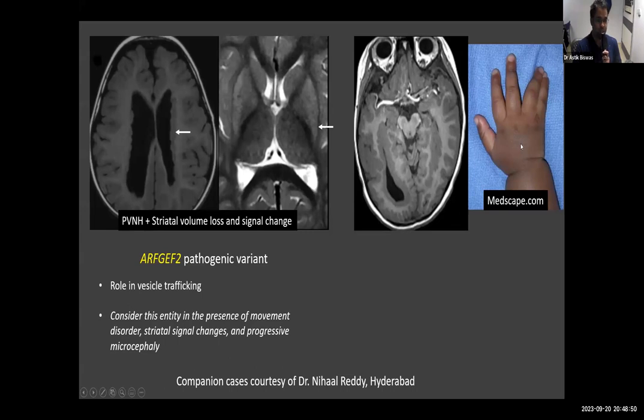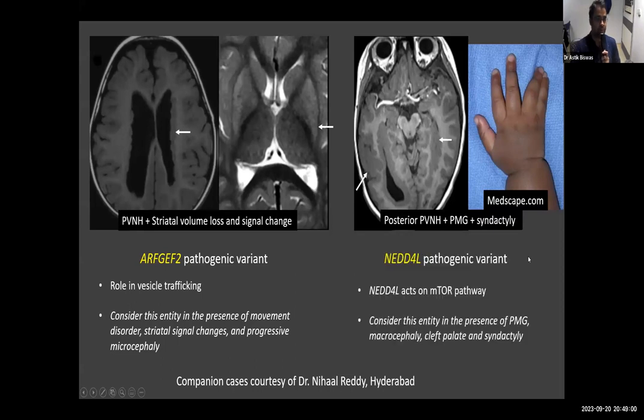It's not from the same patient because I did not have an image, but this patient also had a similar finding that we can see here, that is syndactyly. So this constellation of features should alert us to the possibility of NEDD4L pathogenic variants.